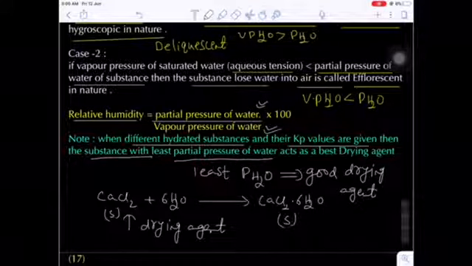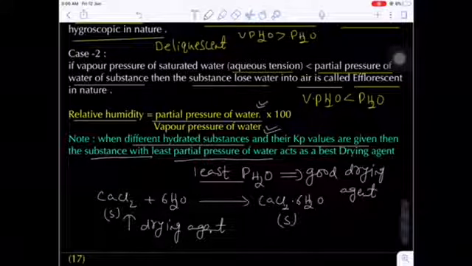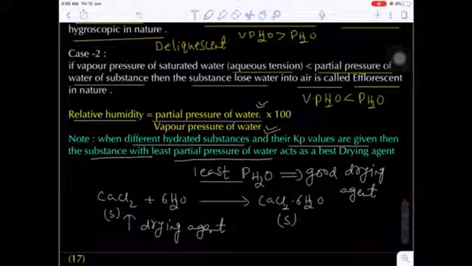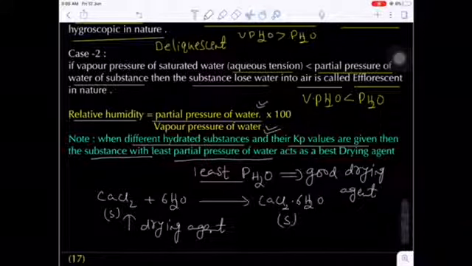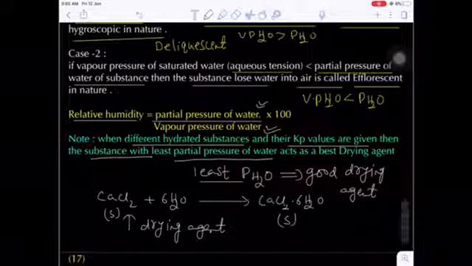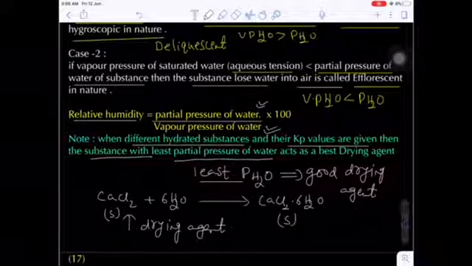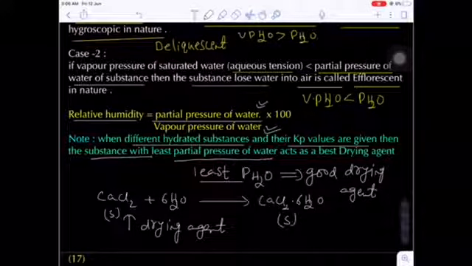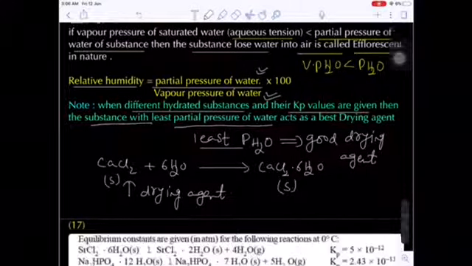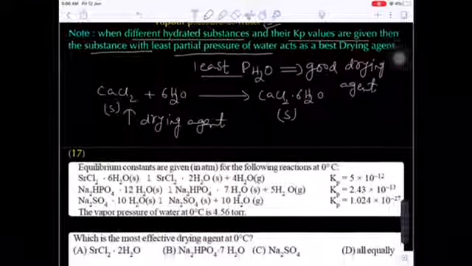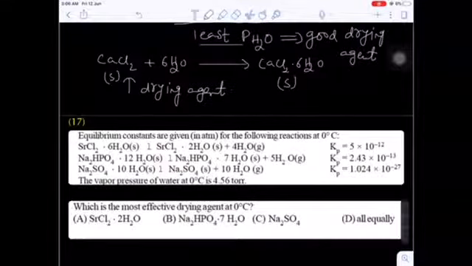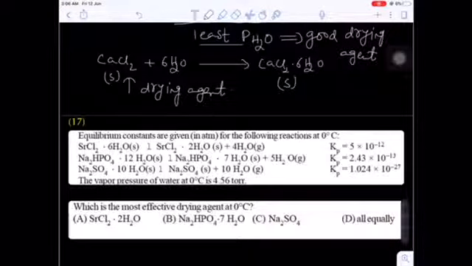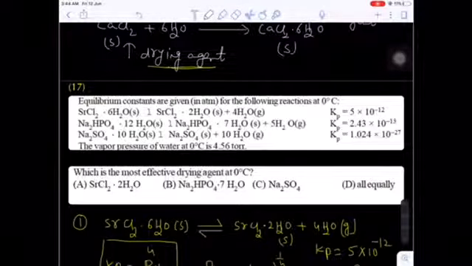When does a substance act as a good drying agent? When its partial pressure is less. If 3-4 compounds are given, and we need the best drying agent, we have to calculate the pH2O, the partial pressure of H2O, from which we can identify the good drying agent or good adsorbent. Okay, now there is one question.